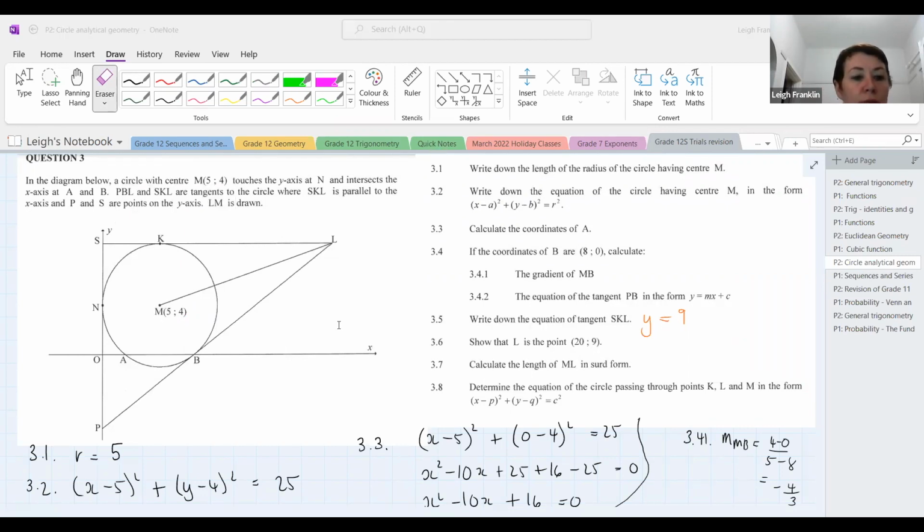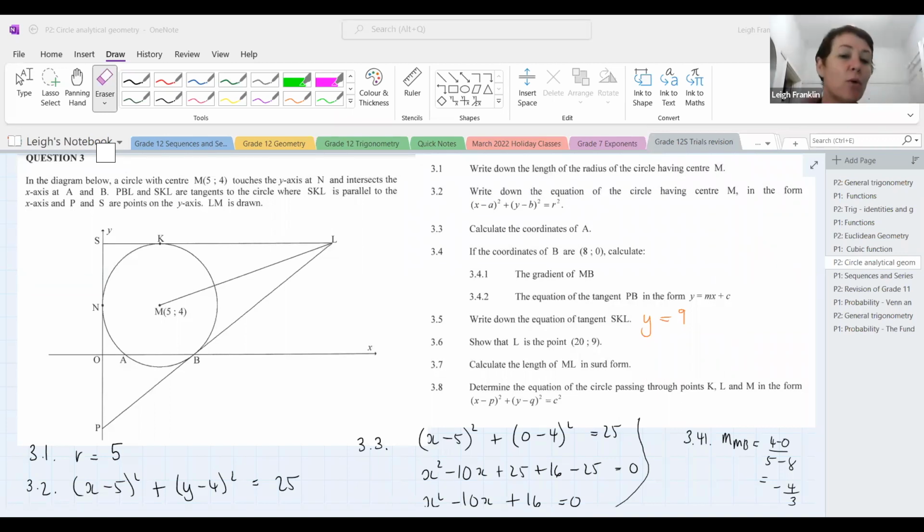Because they've told us, if you look up at the top here, Mr. Bavuma, in the diagram below, the circle with center M touches the y-axis at N. So yes, it was part of the information that was given to us. But I'm glad you're asking that, because I think so often what happens is that we read things, we forget about them, or we didn't take it in properly the first time.